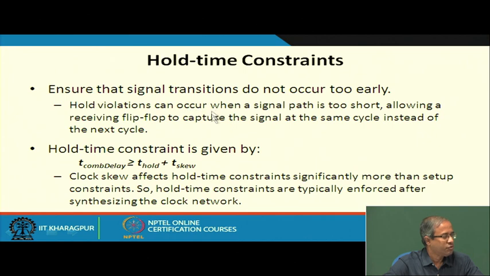For the hold time constraint, this also we discussed earlier, to address it, that means to be within the permissible limit, you must ensure that your combinational circuit delay is always greater than or equal to hold plus skew time. This combinational delay now is the minimum possible, not the maximum. So, the minimum possible delay must be greater than or equal to this time, this must be ensured, right.